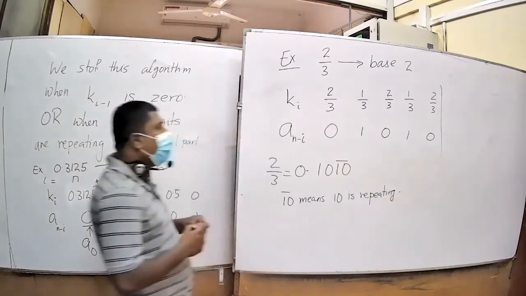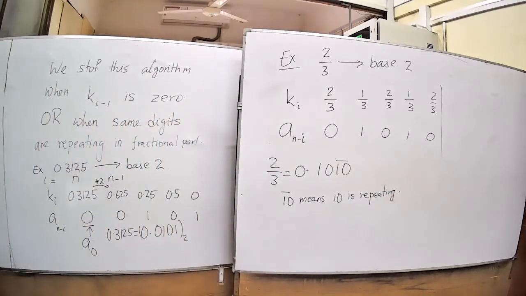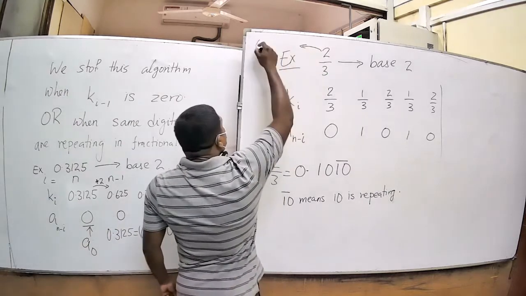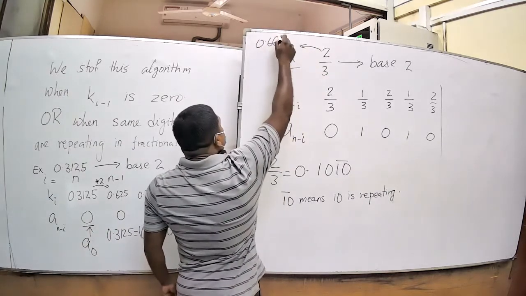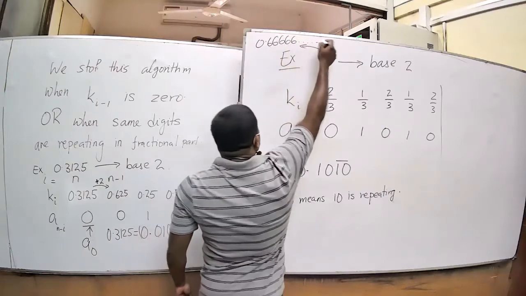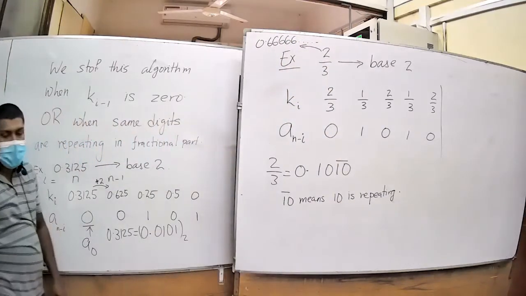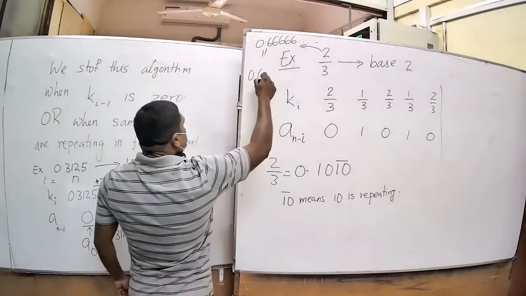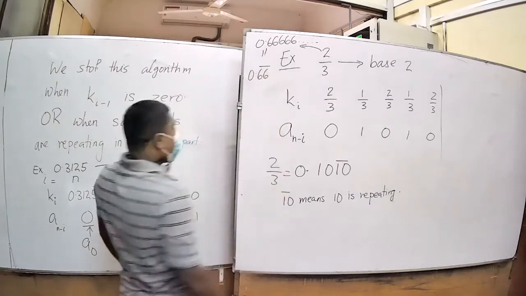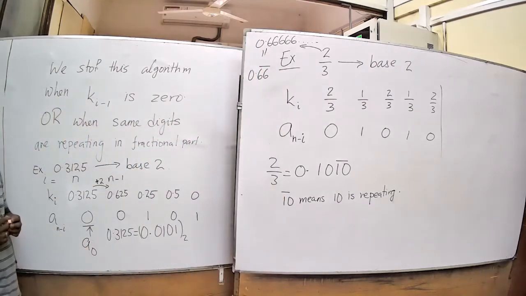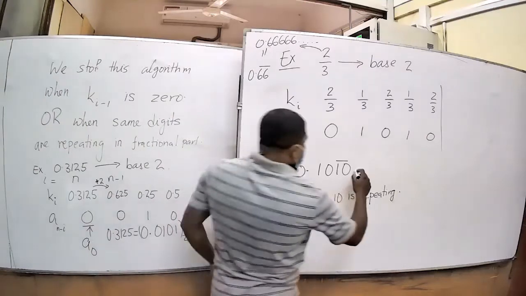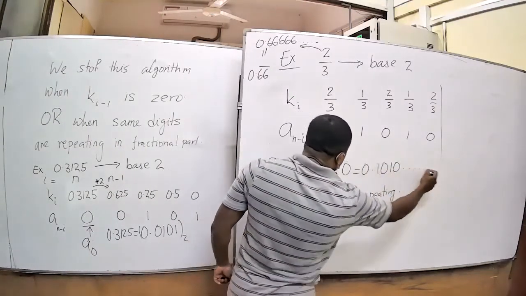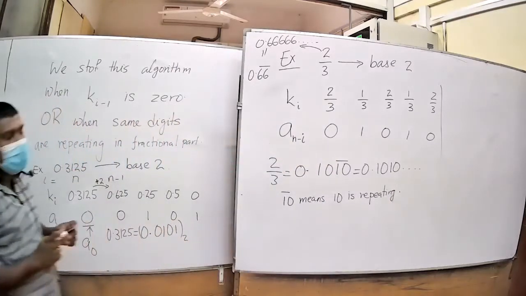If you write 2/3 as a decimal fraction, you get 0.666666, and it will continue like that. That is actually 0.6 bar, so 6 is continuing. If I want to write it like that in binary, I can say 0.1010 and dot dot dot, so you know that 1010 is repeating.